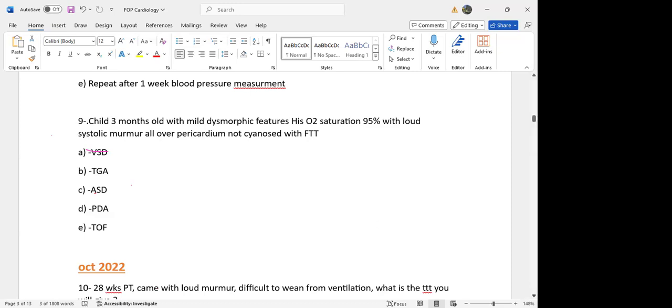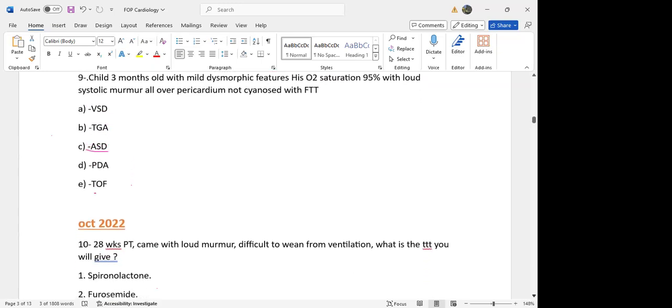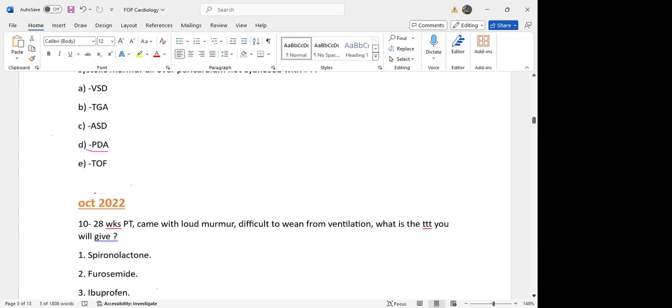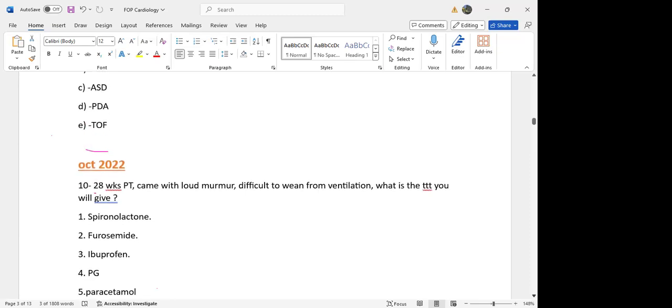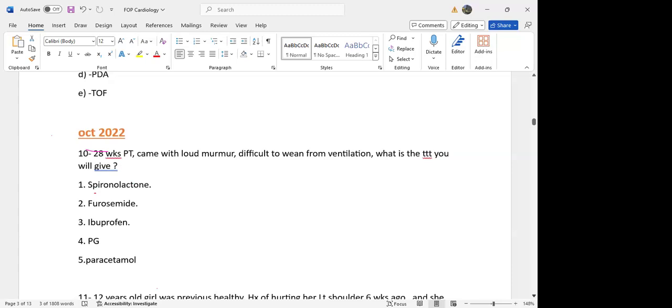Next, a 28-weeker patient. This is a 28-week child who came with a loud murmur and difficult weaning from ventilation. Which treatment will you do for this child? Basically, which type of murmur is this? In preterm babies, as we discussed, PDA is common.